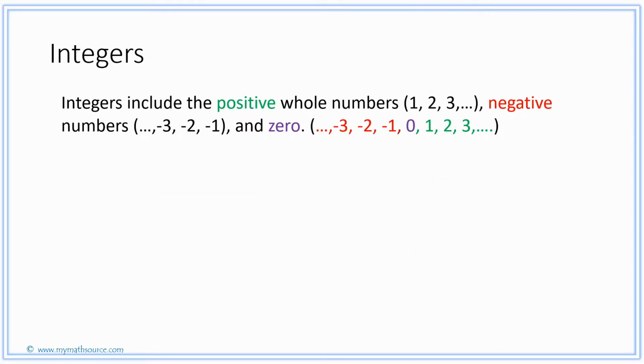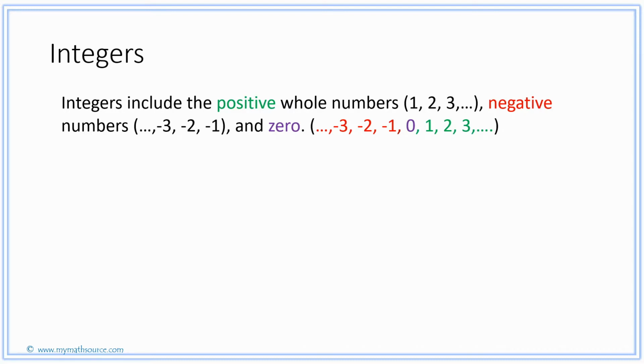They are basically our positive whole numbers, which are 1, 2, 3, right on to infinity, and our negative numbers, which start from negative infinity up to negative 1, and then 0. Combined all together, we see this nice color coordination of the red numbers being negative, 0, which is purple, in the middle, our origin, and then our positive green numbers on the right.